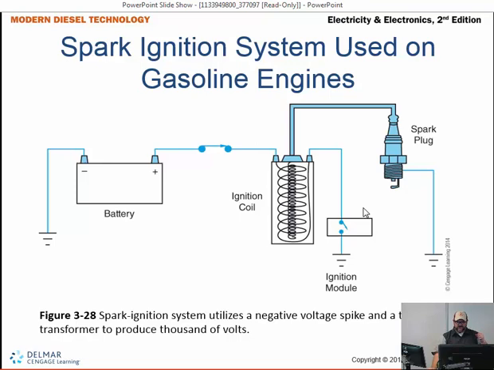Then when the ignition module opens, like it does right here, it's going to collapse that field, and that collapsed field is going to go into these windings. And these windings are much more. So again, remember, we're amplifying that voltage, and that voltage is going to go up through this wire, seeking ground, right?